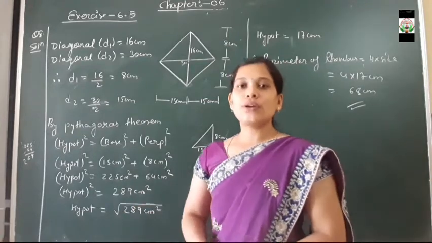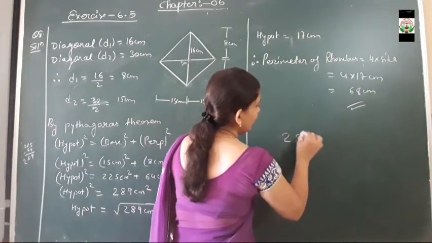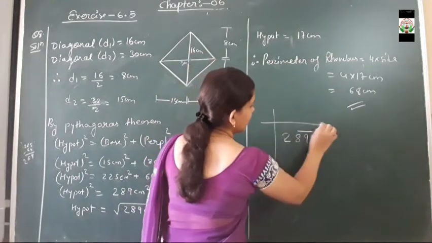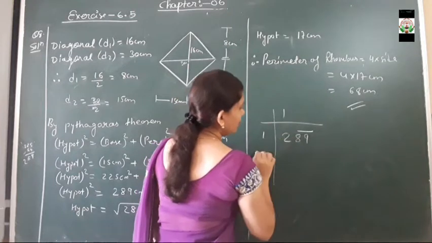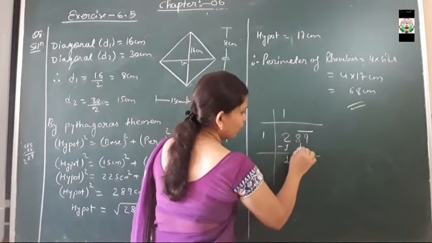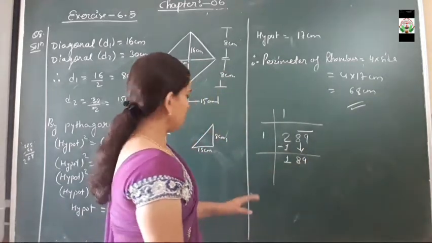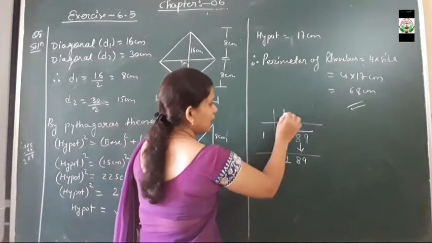Now finding the square root of 289 by the long division method. 289, making pairs from the right hand side, we can see that 1 will be there. So here 1 subtracted from 1, 0 will come, and the pair 89 comes down. Here 1 plus 1 will be 2.